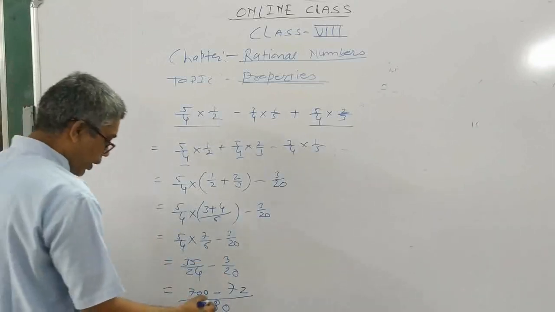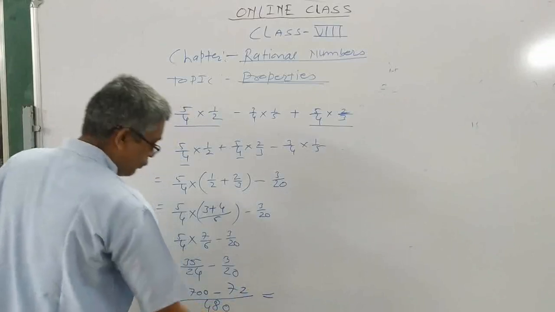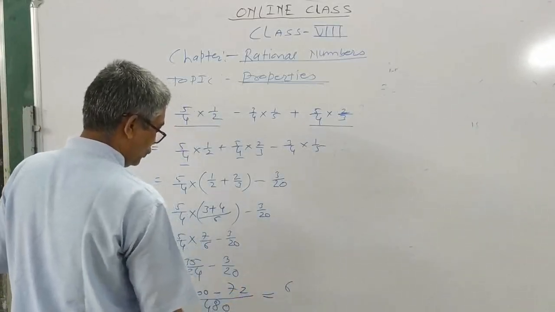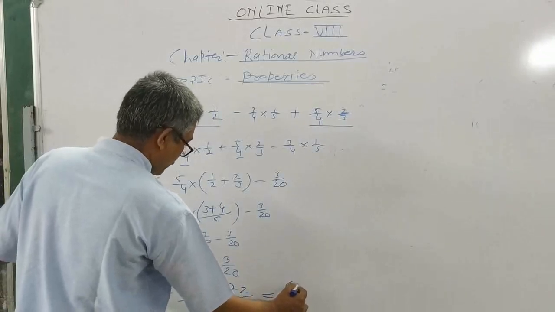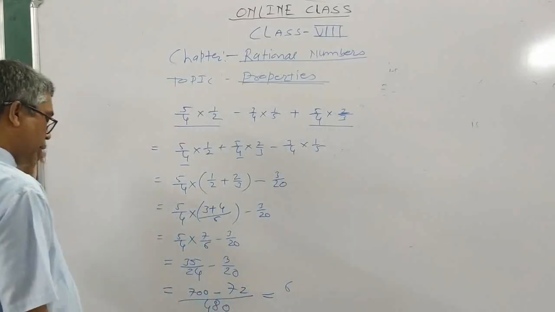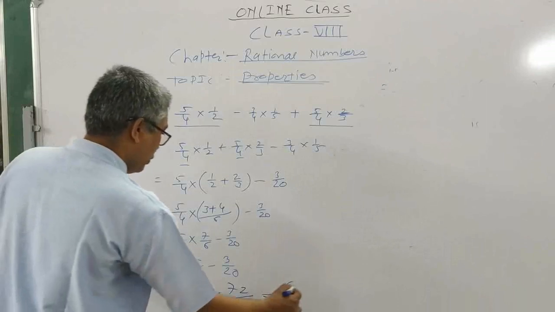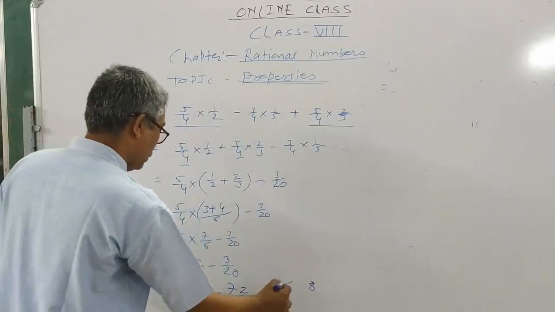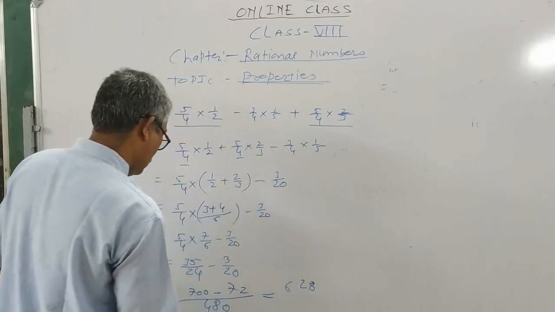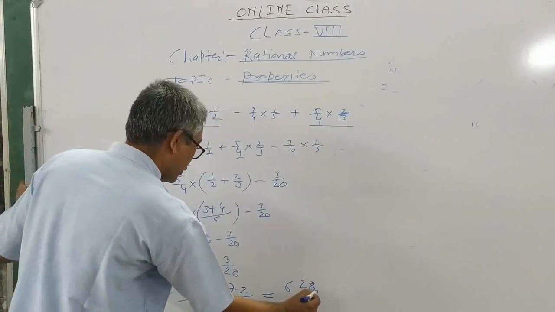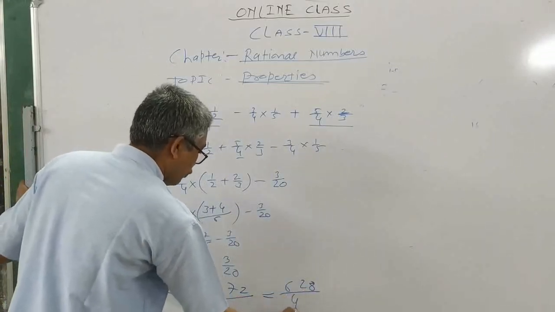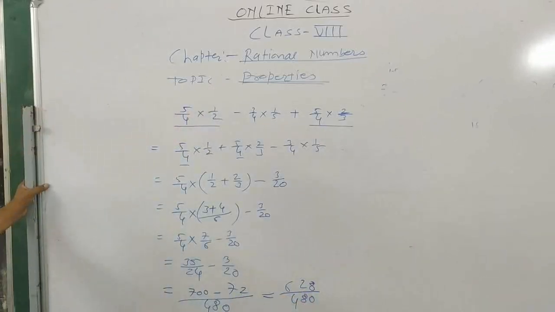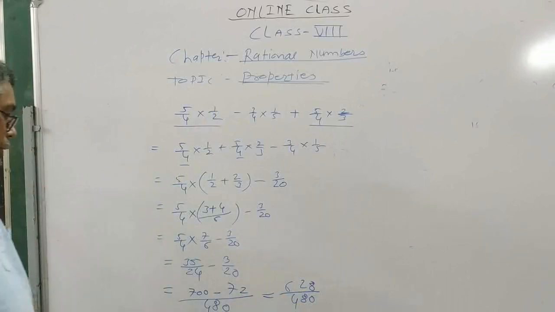So if you subtract 72 from 700, what we get? 628 upon 480. Here we have 628 upon 480.